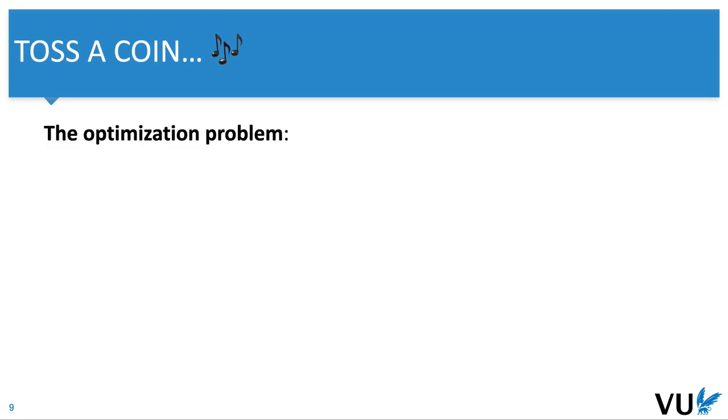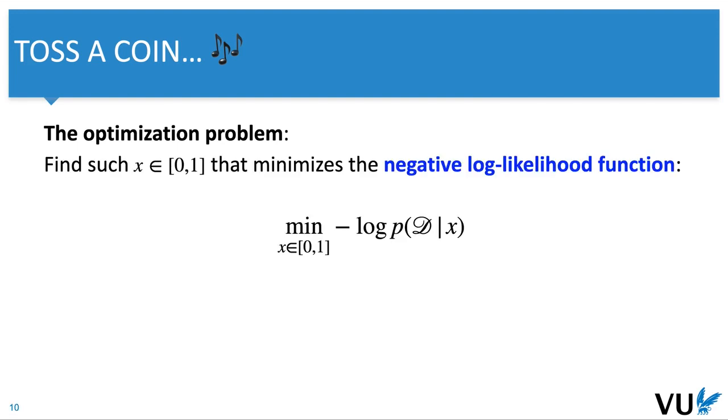Okay, so how can we turn it into an optimization problem? What are we going to look for? Of course, we are looking for the parameter x, and we want to find such x that minimizes the negative log likelihood. As we see, we have a minimization problem with constraint on x because it must be between 0 and 1.